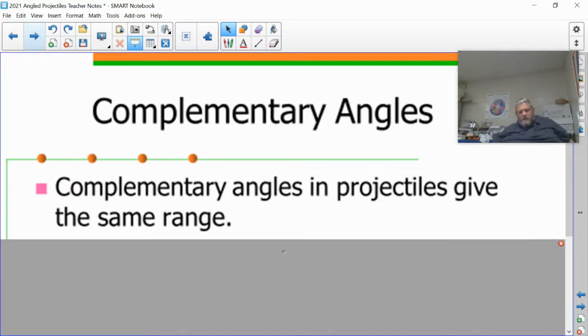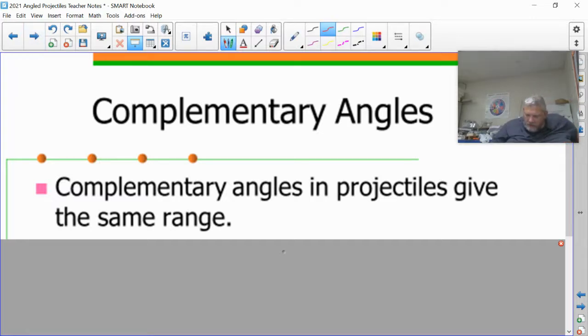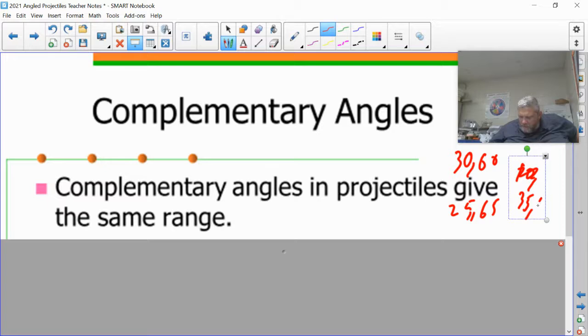Okay, now, if you did the lab yesterday, hopefully you noticed something about the angles that gave the same range. You might have noticed that 30 and 60 gave the same range, 25 and 65, 35 and 55.